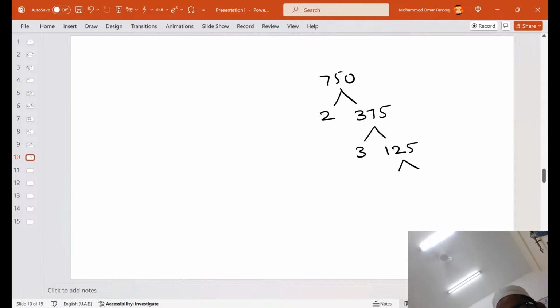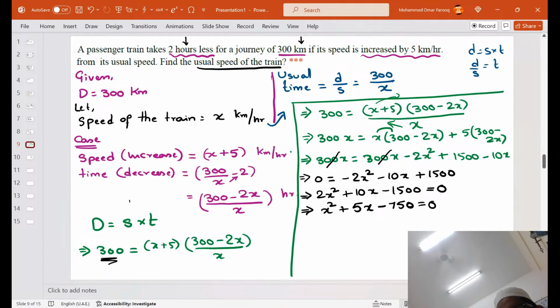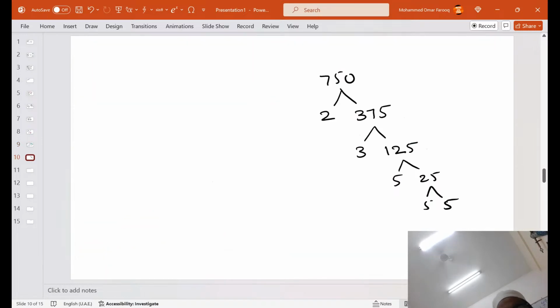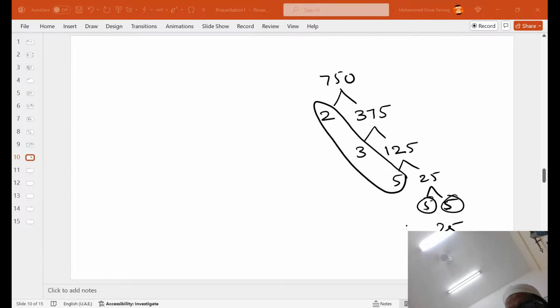Now these are all prime numbers, and in between we need 5, so the middle term should be 5. 5 fives are 25, and 5 threes are 15, and 15 into 2 is 30. So 30 into 25 is equal to 750, and 30 minus 25 is equal to 5.